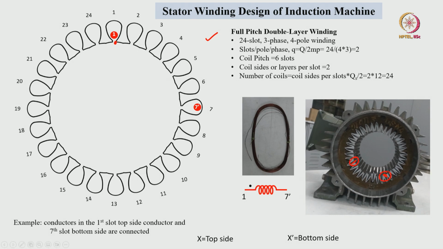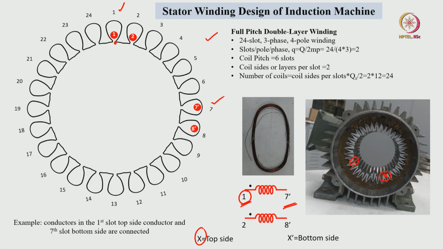The first coil we are inserting in the first slot and the 7th slot bottom side. Here 7 dash represents the 7th slot bottom side where we place the coil side, and without the dash represents the coil side we place at the top side of the slot. So, the first coil goes in slot 1 top side, slot 7 bottom side.